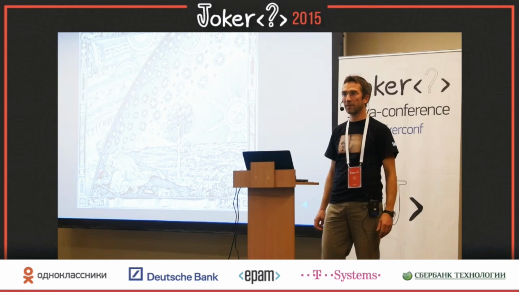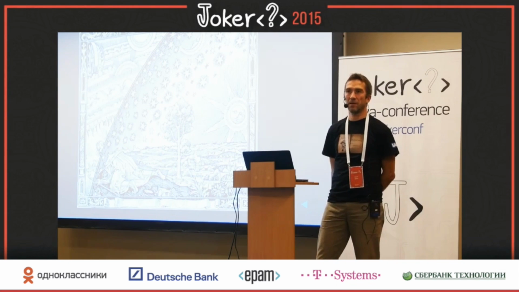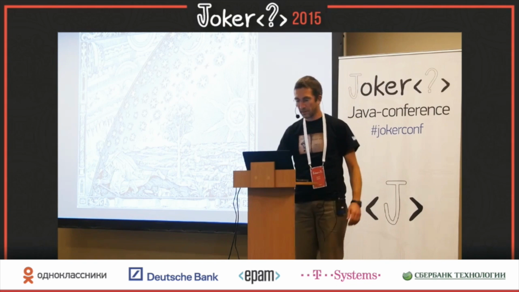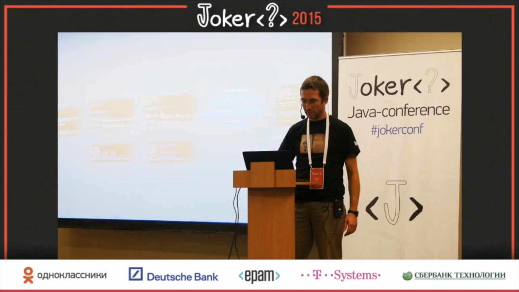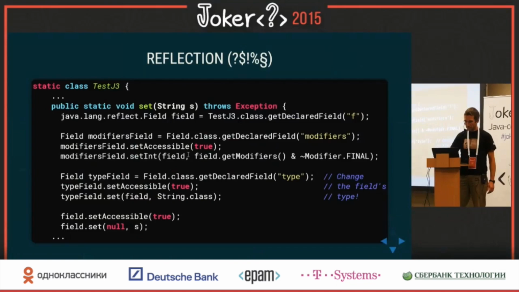Okay, and another question. When you played with reflection, one of the examples was about setting the modifiers variable of the field, and you changed the modifiers in a way that the field was no longer final.